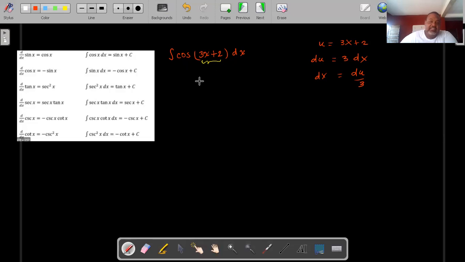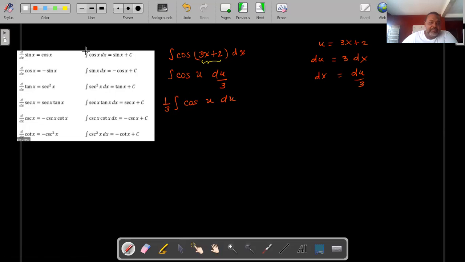We're really good here, okay? So here we go. We have the integral of the cosine of u. And then where I see dx, I'll put du over 3. So 1/3 here can come outside because it's a constant. So I have 1/3 integral of cosine u du.